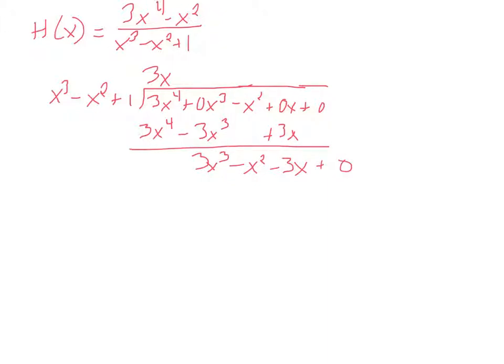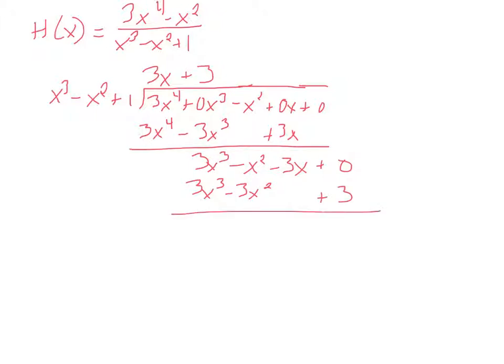So now we have to ask ourselves, how does x cubed go into 3x cubed? We have to multiply it by 3, and so we'll get 3x cubed. And then negative x squared times 3 is negative 3x squared, and then plus 3.